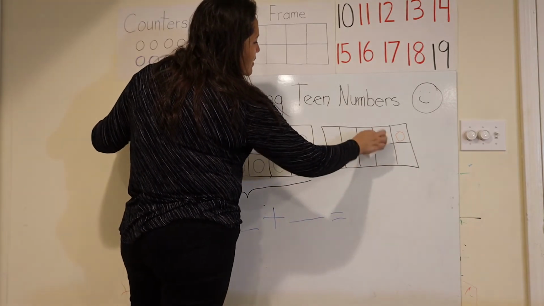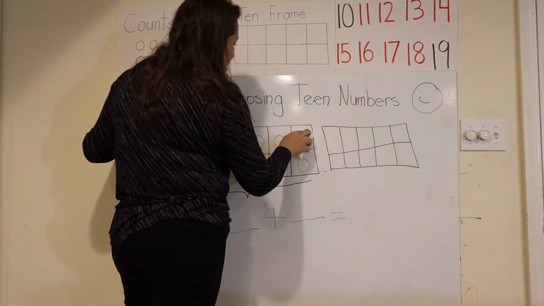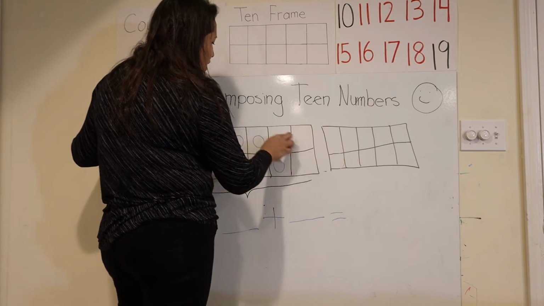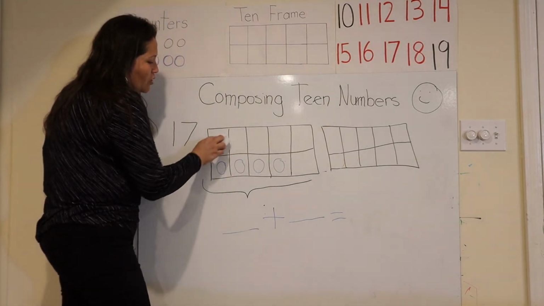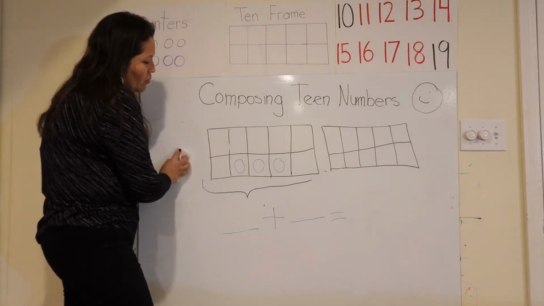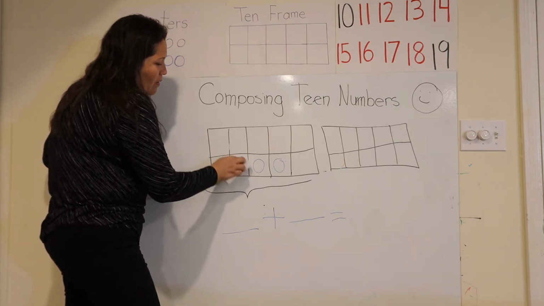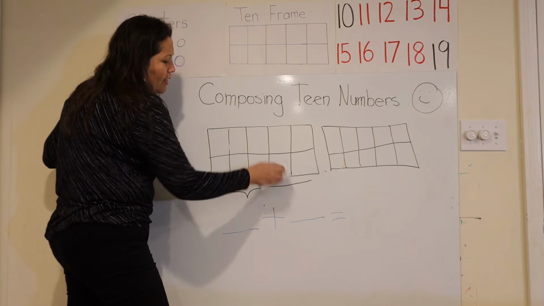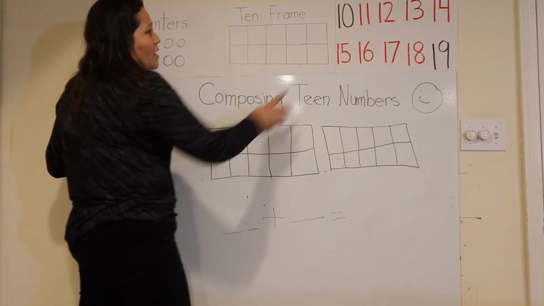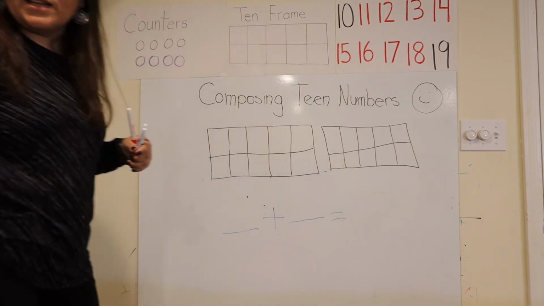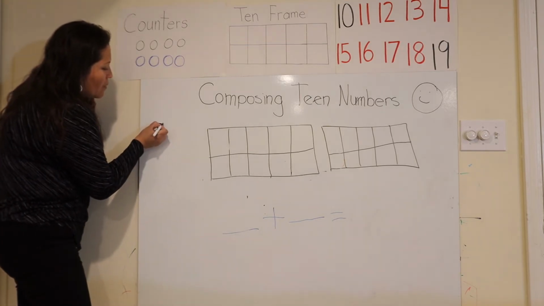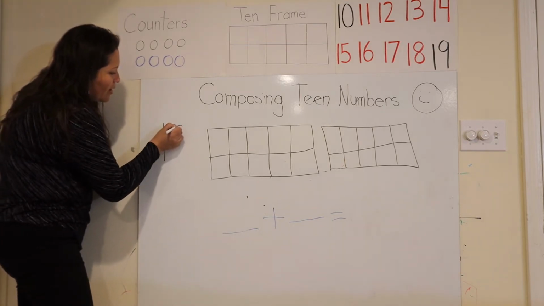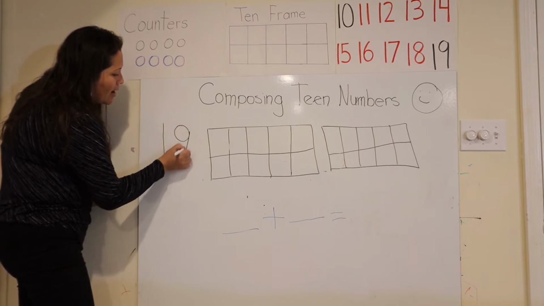The first thing we say is, is number 19 a teen number? So we should be checking our line that tells us if number 19 is a teen number. Number 19. Remember, a 1 and a 9.